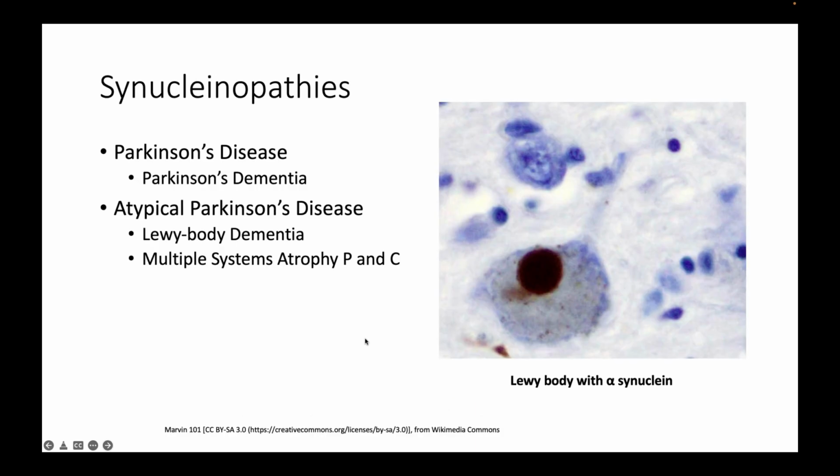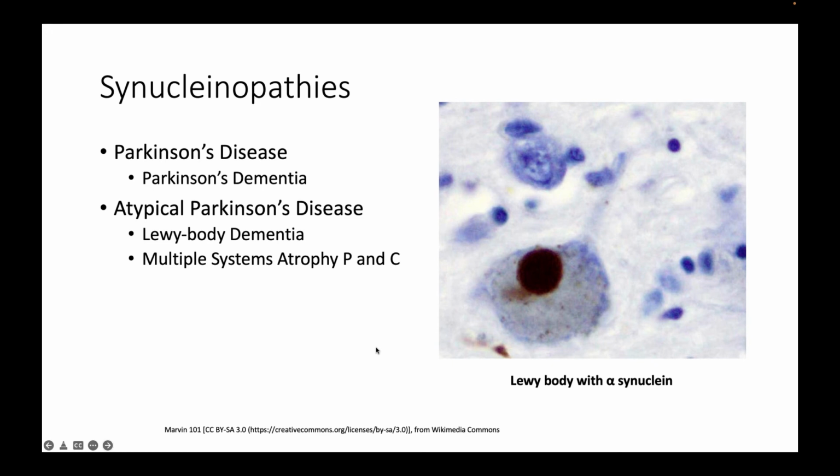Okay, so the almost last part are the synucleinopathies. These are diseases where alpha-synuclein aggregates into Lewy bodies, as for example in Parkinson's disease, and later often in Parkinson's dementia, but also in atypical Parkinson's diseases, which include Lewy body dementia with hallucinations and Parkinsonism, and multiple system atrophy, of the Parkinsonian type and the cerebellar type, which includes vegetative symptoms.